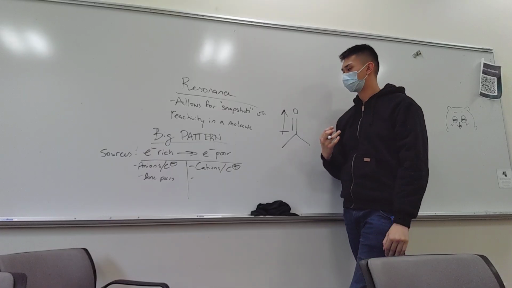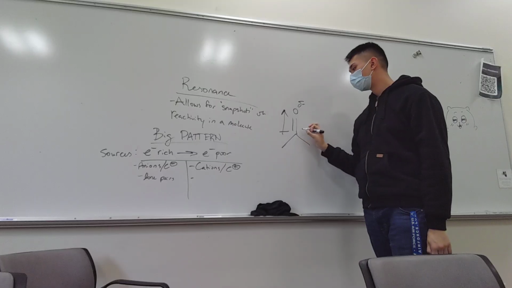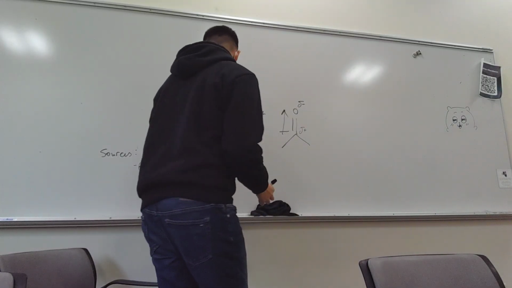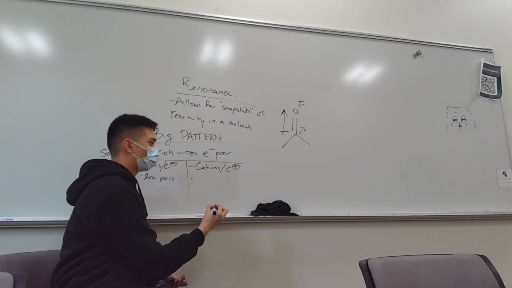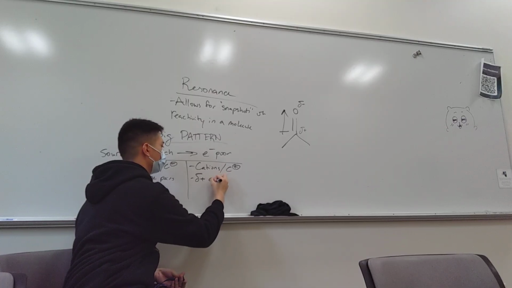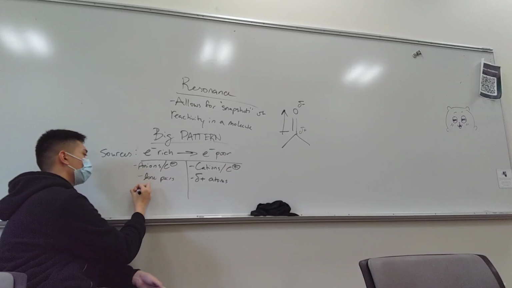It's very hungry for electrons, right? So this becomes partial negative. And what do you guess? This carbon is partial positive, right? So areas that are electron poor are partially positive atoms. Areas that are electron rich are partially negative atoms.